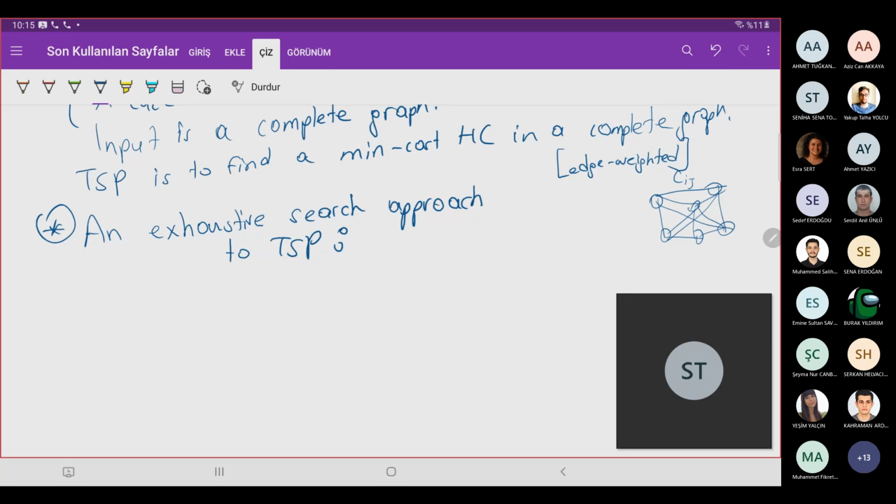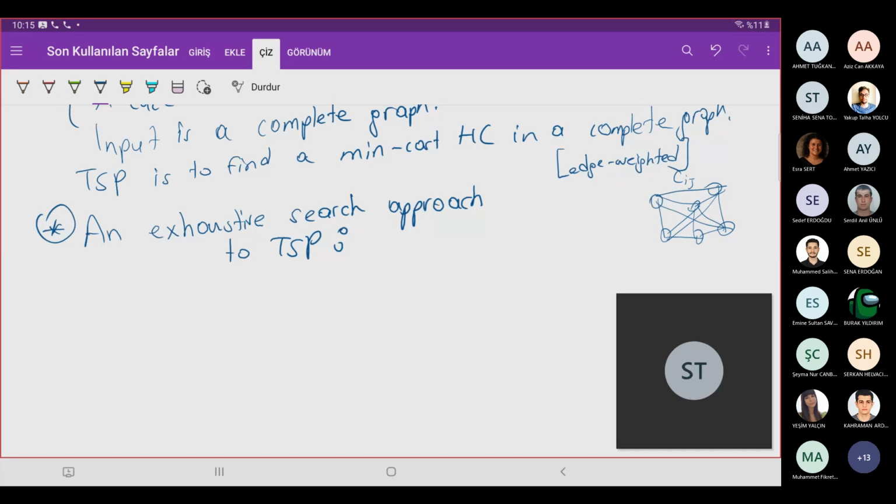And I am trying to do it in an exhaustive search way. Because I'm trying to find a cycle, and every cycle has a total edge cost, right? So I can enumerate all the cycles, which are called Hamiltonian cycles in this context, compute their total edge cost for each of them, and pick the one that has the minimum total edge cost, right?